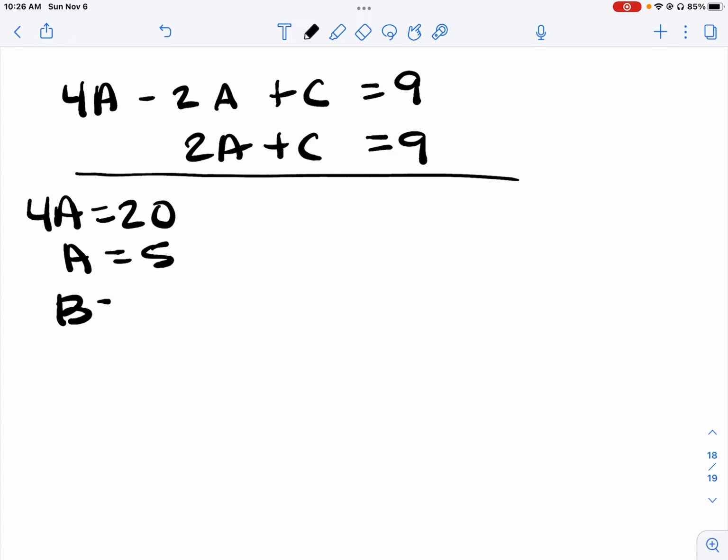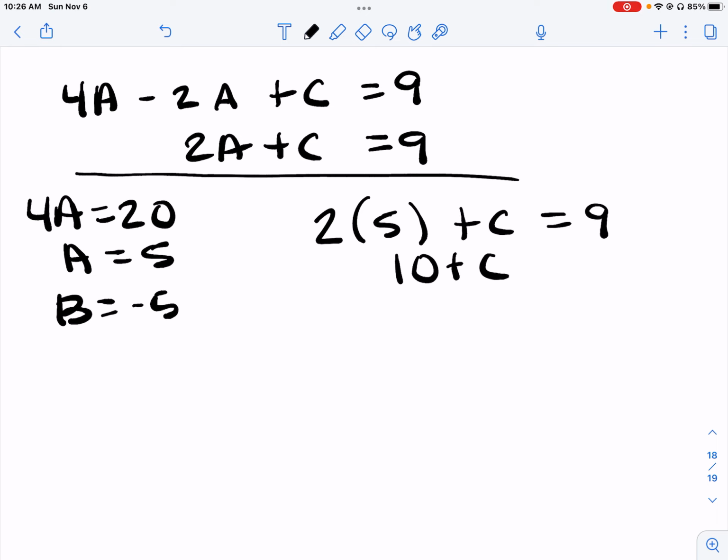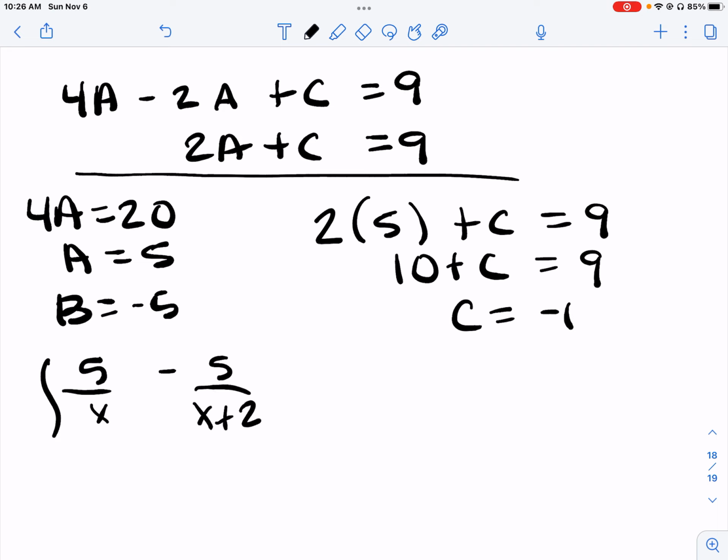That tells us b is negative 5. Plug 5 in for a. So that tells us that c is negative 1, which gives us 5 over x minus 5 over x plus 2.